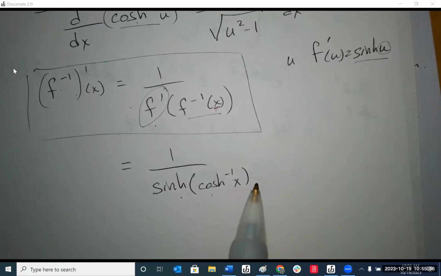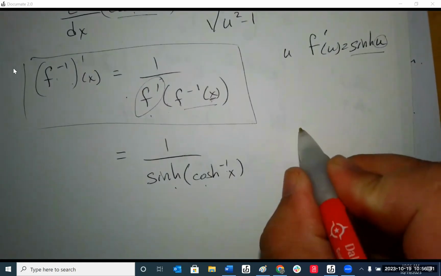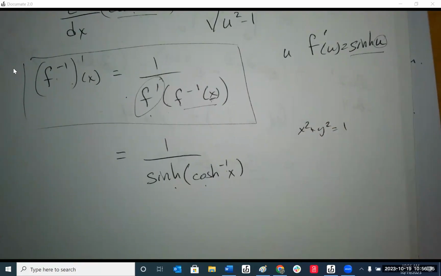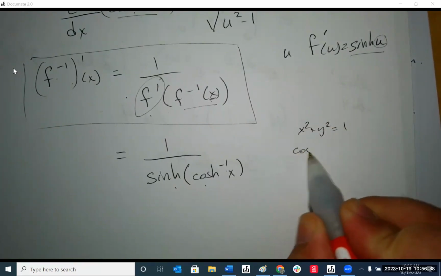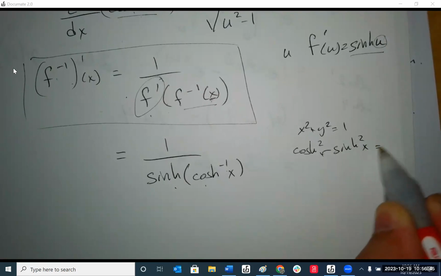And sine of u is equal to... Well, we said earlier, with respect to x squared plus y squared equals 1, for the hyperbolic functions it was cosine hyperbolic squared minus sine hyperbolic squared equals 1.